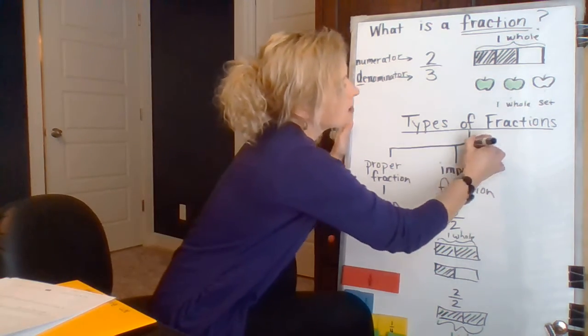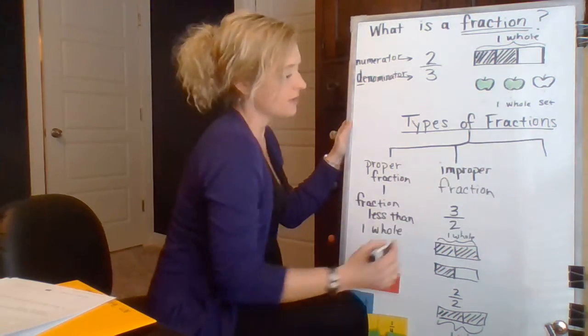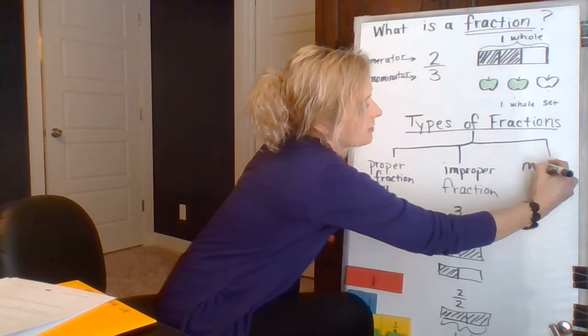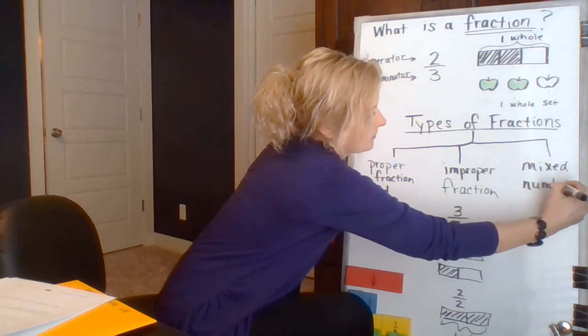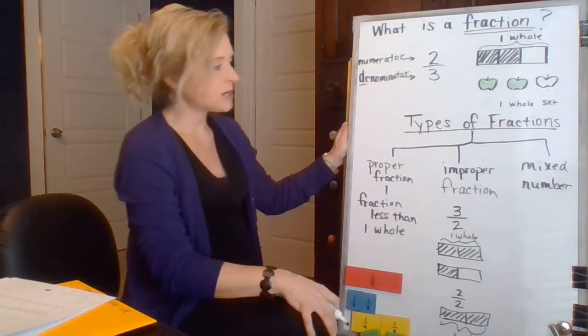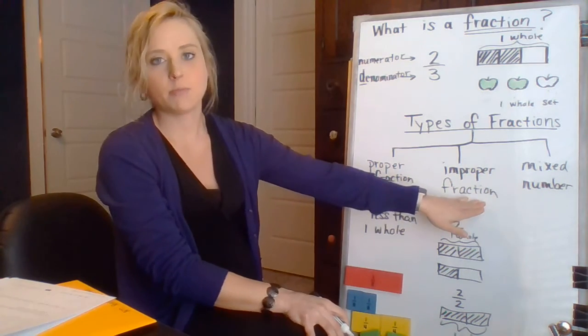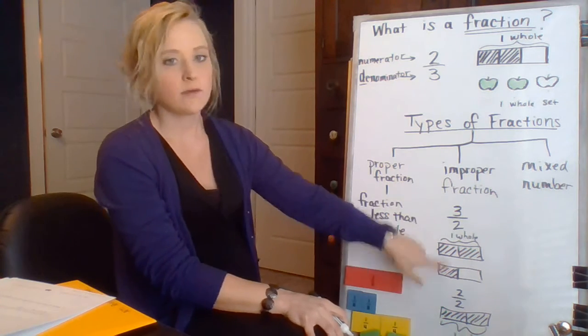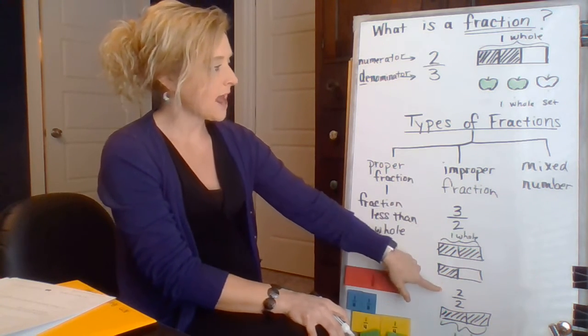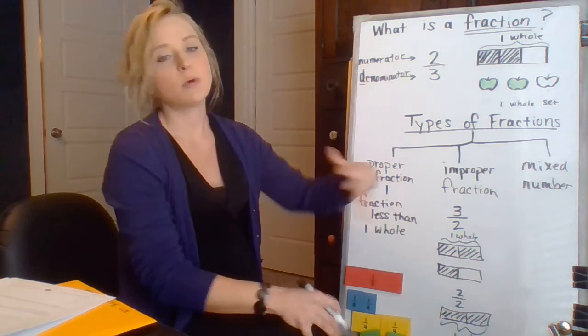And then there's one other type of fraction that we have, and that's called a mixed number. And a mixed number plays off of an improper fraction because it's the other way to write the improper fraction. Right here, we have 2 improper fractions, but we can actually change those into what we call a mixed number.